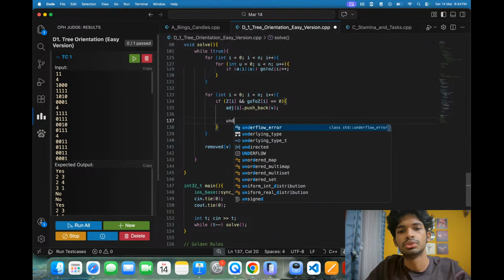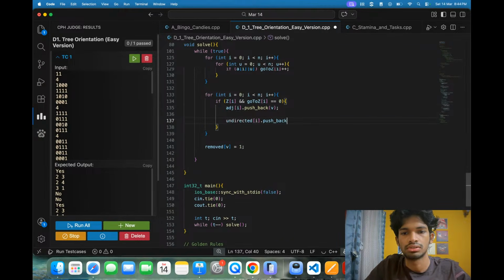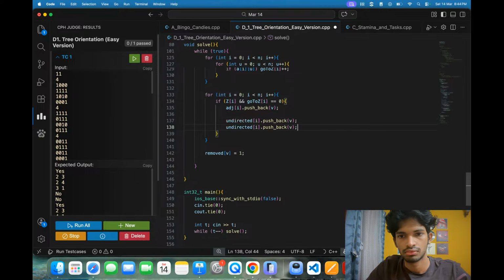I'll just push them to both sides. And then I'll do one DFS and then I'll just see the size. Okay.